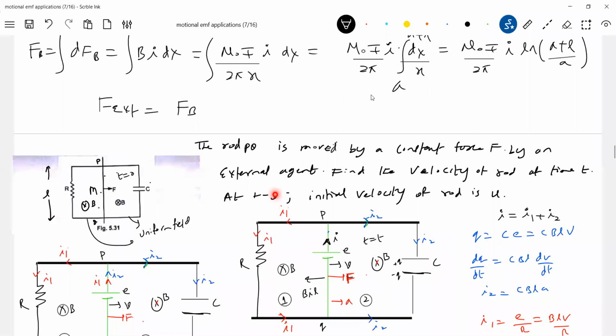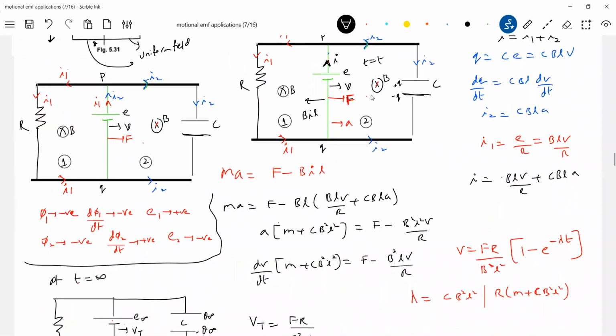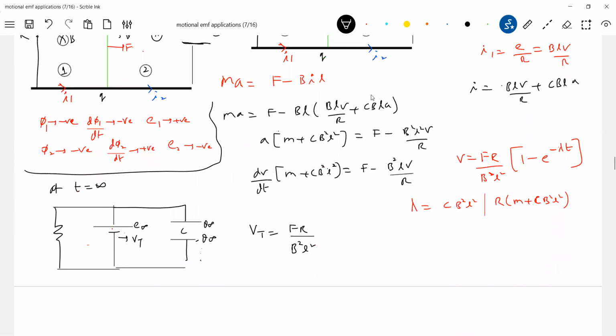I'll remove that part. It doesn't make any difference. So I'll put it at t equals 0, the rod is at rest. If initial velocity is there, the equations become very lengthy.